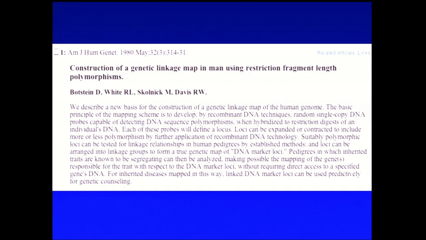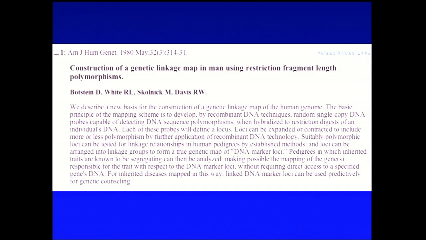And the other recognition was more recent, that one could get away from looking at each of these different assays by assaying the underlying variation that caused those variable phenotypes, which of course is the variation in DNA sequence.